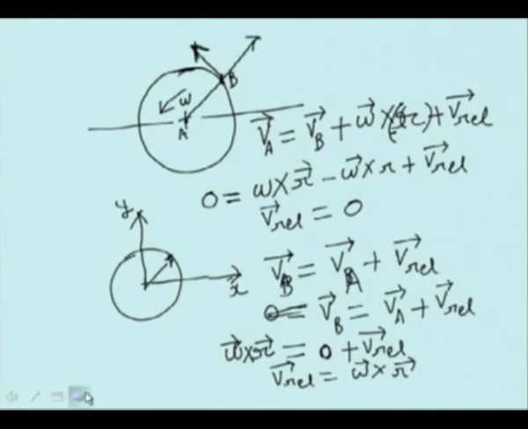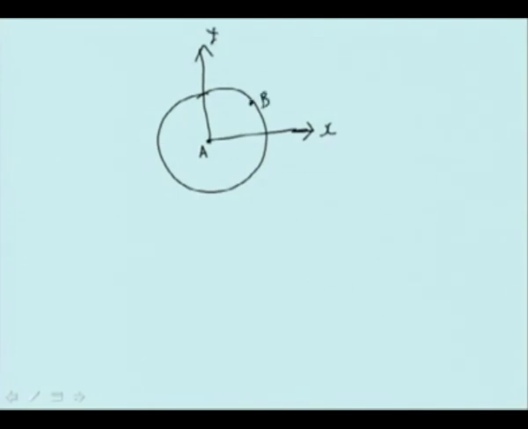However, what happens if the axis system, although it is attached at A, is not fixed, but is also moving with the disk? In that case, we have an axis system which is having the velocity omega. Now, consider a particle B here.